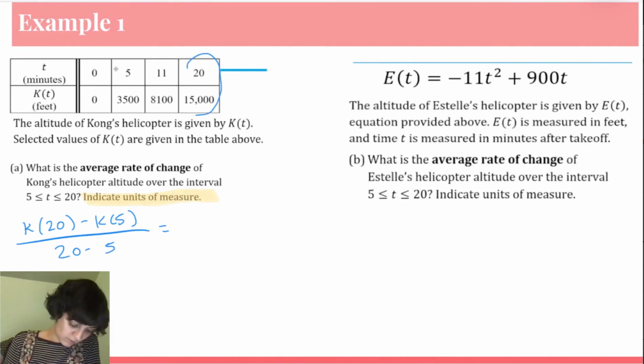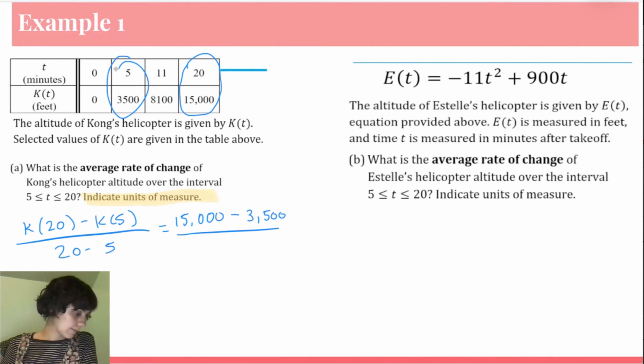So that is 15,000 minus k of 5 is this point. So the output is 3,500 over 20 minus 5, which is 15. My units are feet per minute.